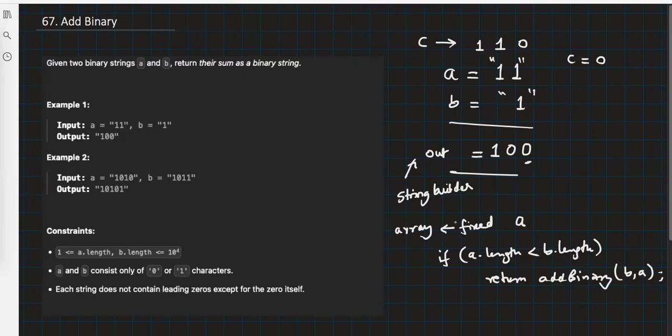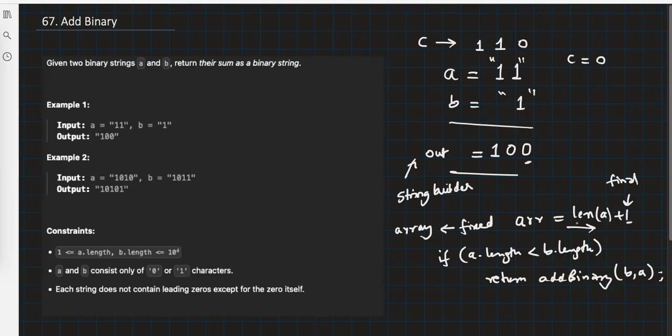The array length should be equal to the length of the largest string plus 1. The plus 1 is for the final carry, when you traverse both the strings and the final carry remains.